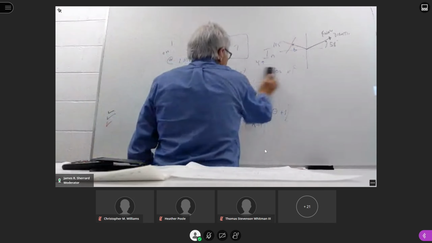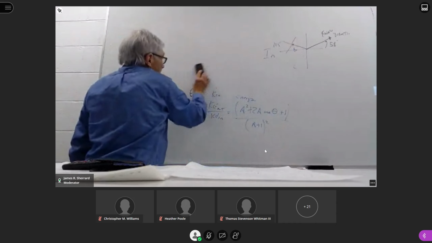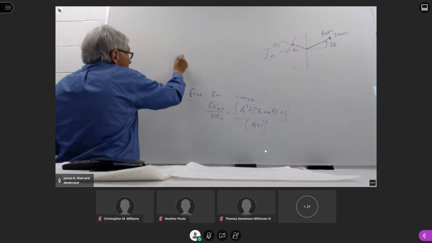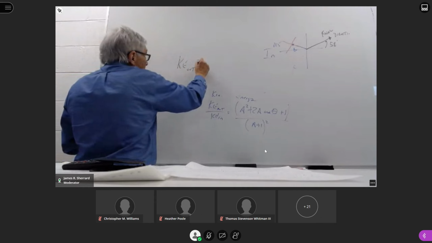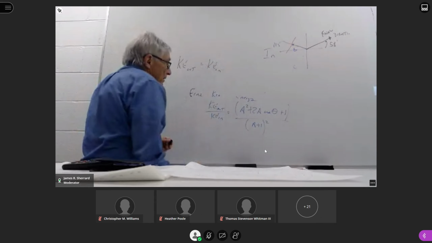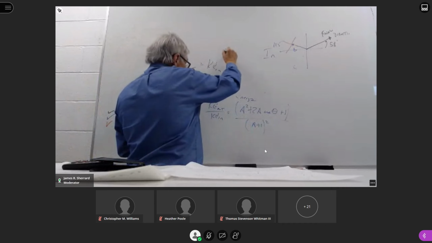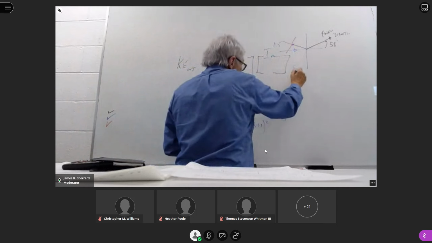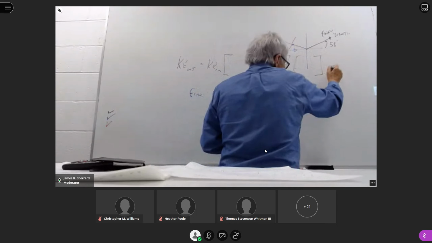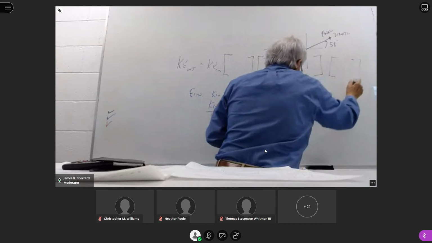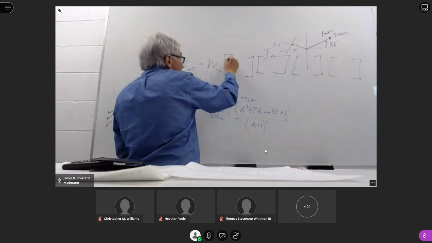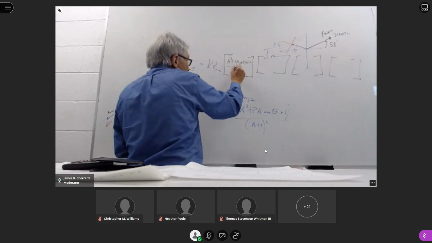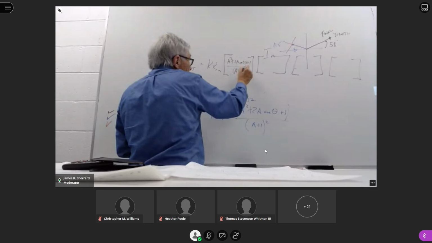If I summarize all this, and then I'm going to use each, and for each one of these, I'm going to put in A squared plus 2A cosine of theta plus 1 divided by A plus 1 squared.